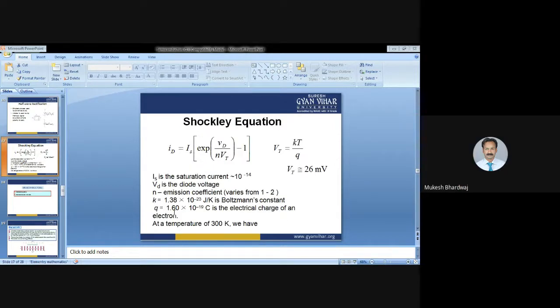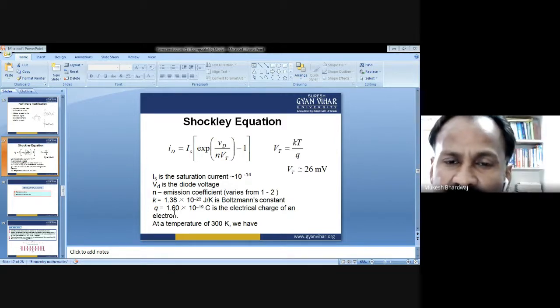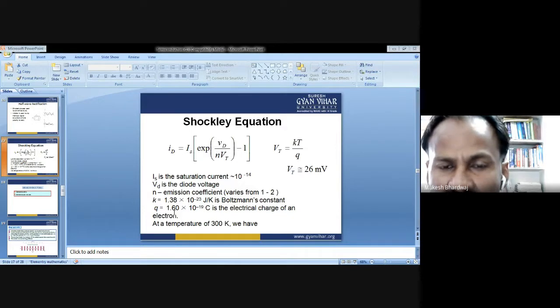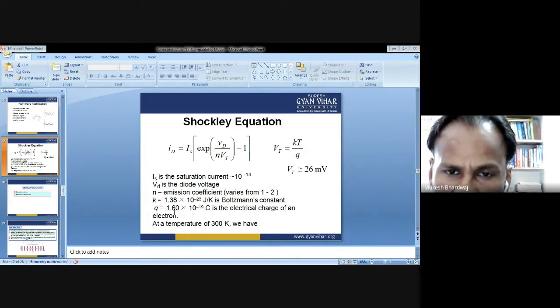This is the Shockley equation, the current-voltage relationship for a diode. According to Ohm's law for a conductor, V equals IR. But for semiconducting material, V equals IR does not hold good.